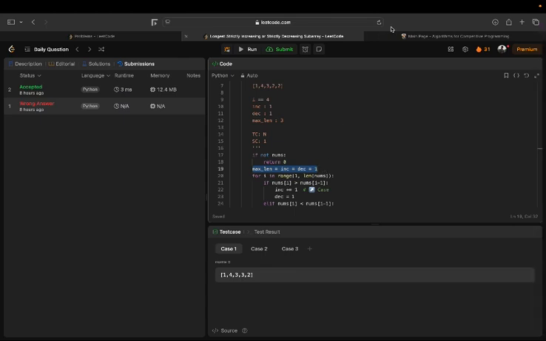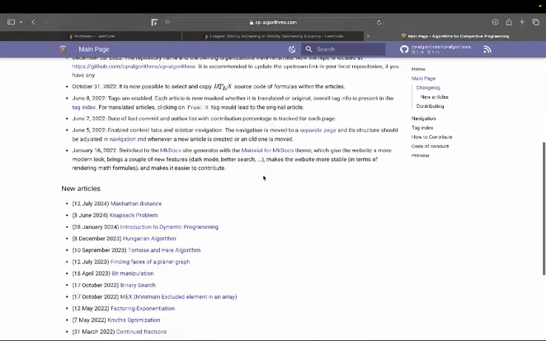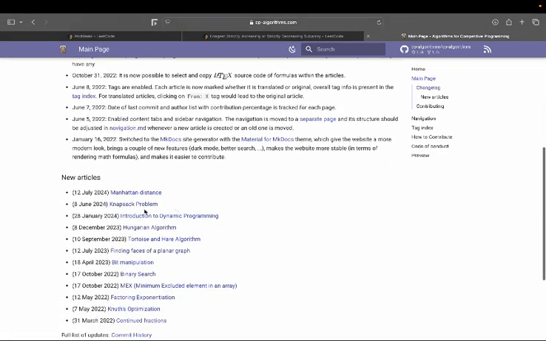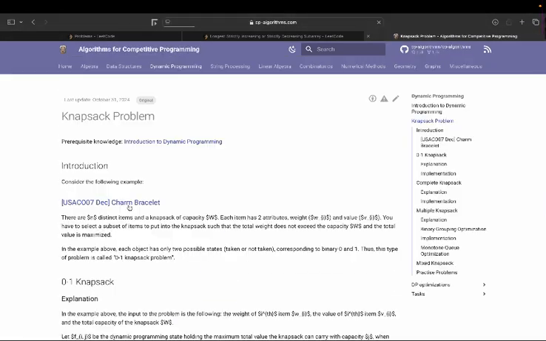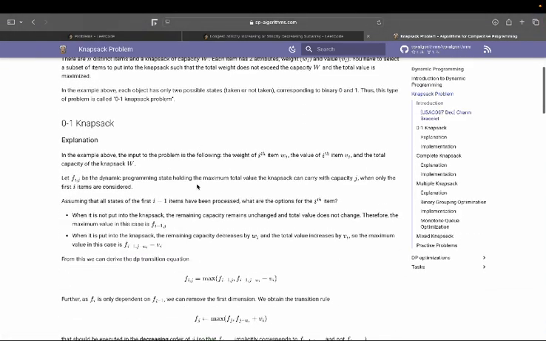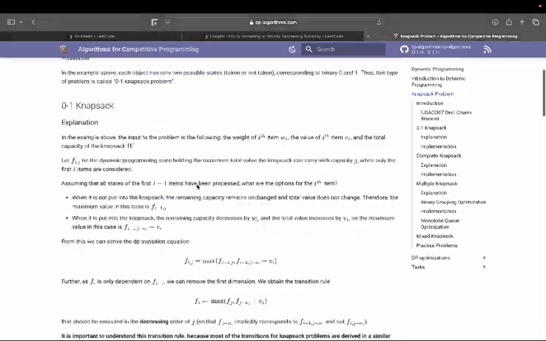In another video, I am going to discuss the very first algorithm, which is the knapsack problem. I'm going to start another playlist for algorithms.